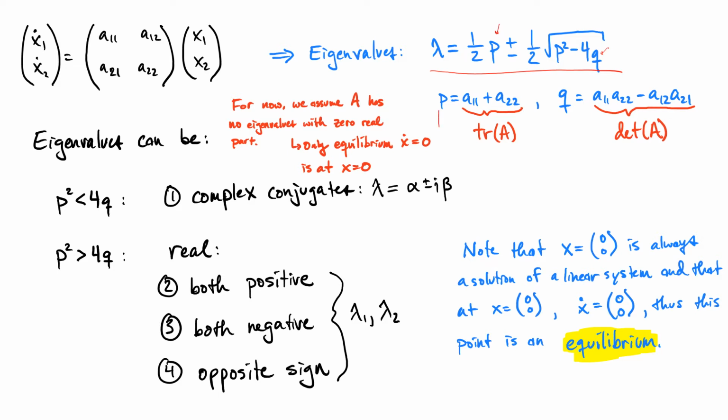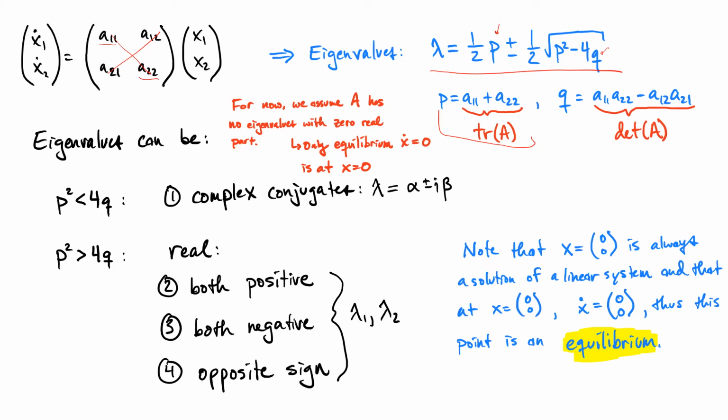You'll notice that P is the sum of A11 and A22, which is the trace of A, the sum of the diagonals. Q, the constant term, is this product minus this product, which is the determinant of A. Those also have some intuitive meaning.